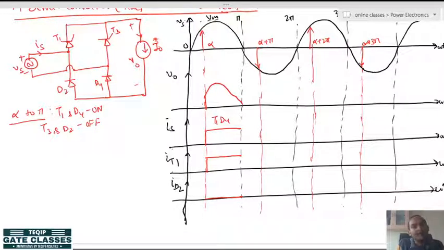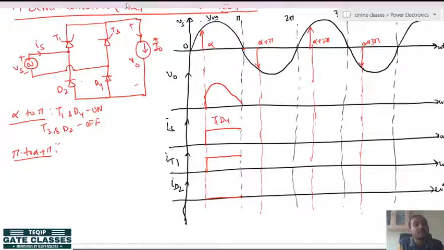Now, come to the pi instant and see what is happening from pi to alpha plus pi. Since the load current has to be continuous and cannot be discontinuous, the inductor has to get some path to conduct. See the property of a diode: as soon as it gets reverse biased, it immediately turns off, and as soon as it gets forward biased, it immediately turns on.